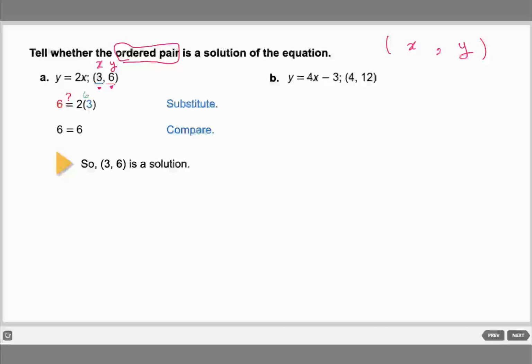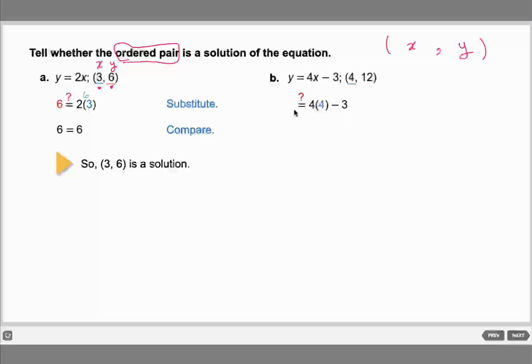Thank you, Fahad. So, my heroes, let's substitute 4 for x and 12 for y and see if the left side and the right side are equal to each other. Let's do it. So, here in the right side, 4x means 4 times the value of x, which is 4, minus 3.